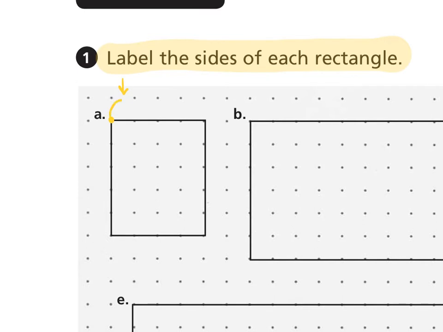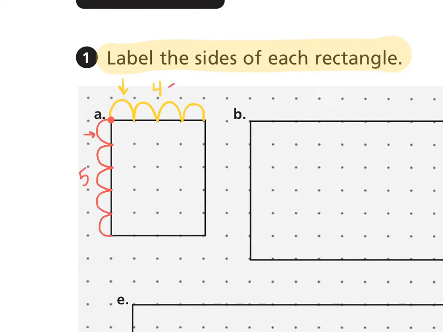Here we go. 1, 2, 3, 4. That took me 4 jumps, so I'm going to label that 4. Now I'm going to start in the same place, but this time I'm going to count how many rows I have. So let's count how many jumps. 1, 2, 3, 4, 5.